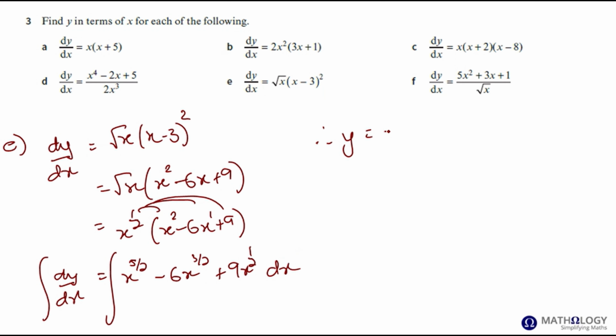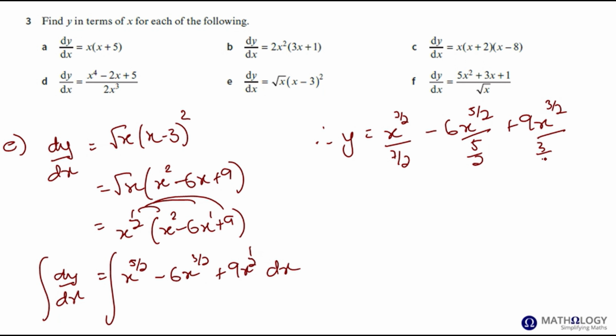So y equals x to the 5 over 2 plus 1. It's going to be 7 over 2, and we divide by 7 over 2, minus 6 times x to the 3 over 2 plus 1 is 5 over 2. We divide by 5 over 2 plus 9x to the half plus 1 is 3 over 2.